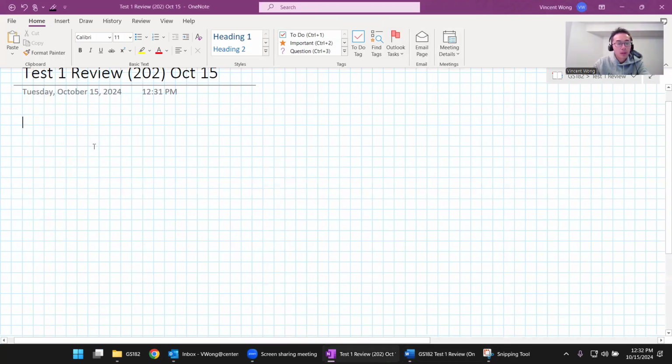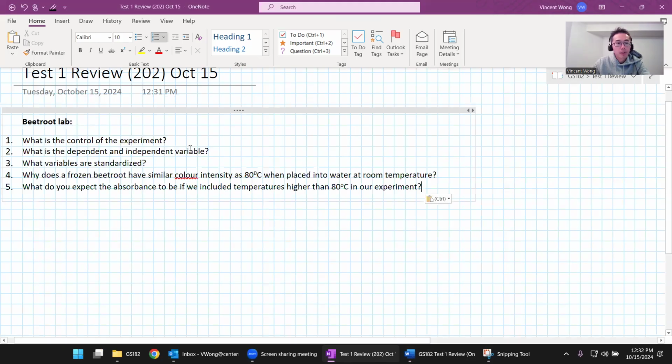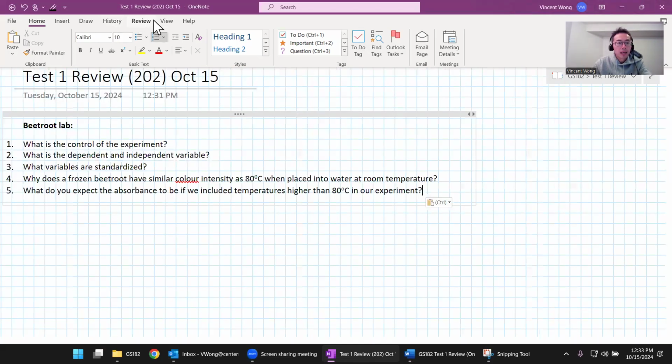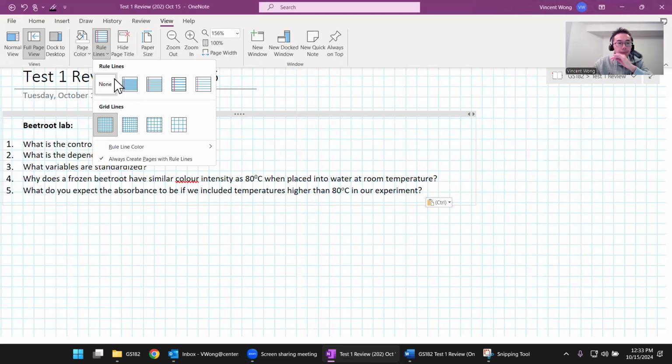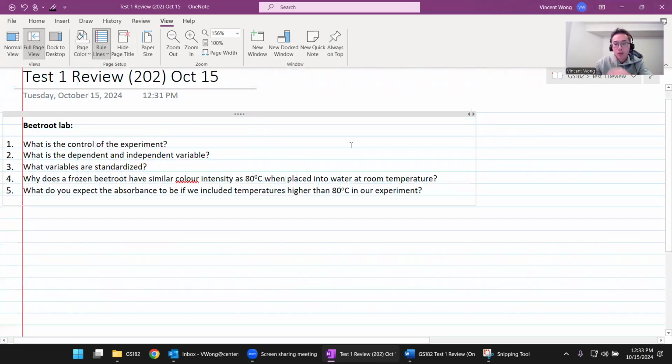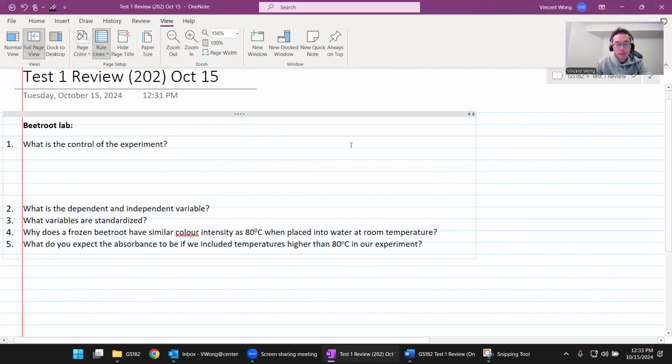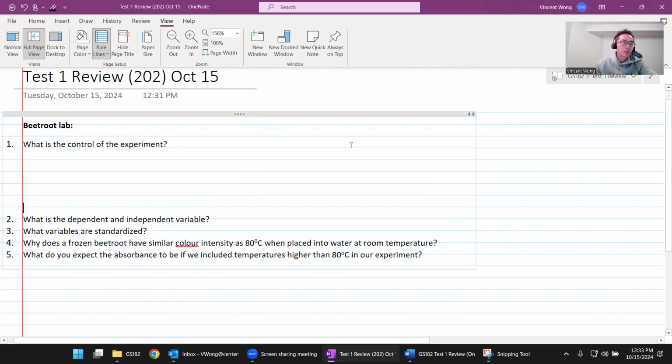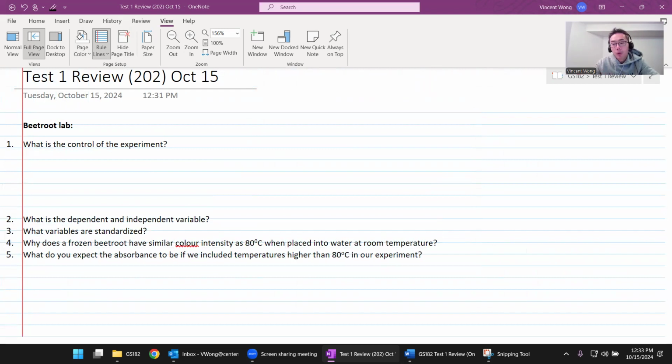Okay, so here are a few questions about the beetroot experiment. First question, what is the control of the experiment? The control is the variable that you are going to be comparing with.